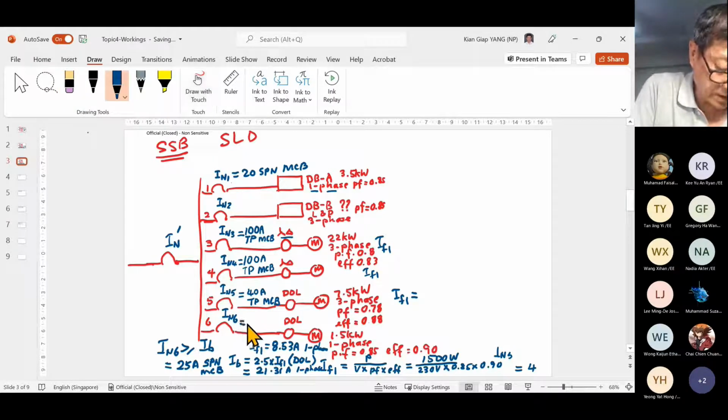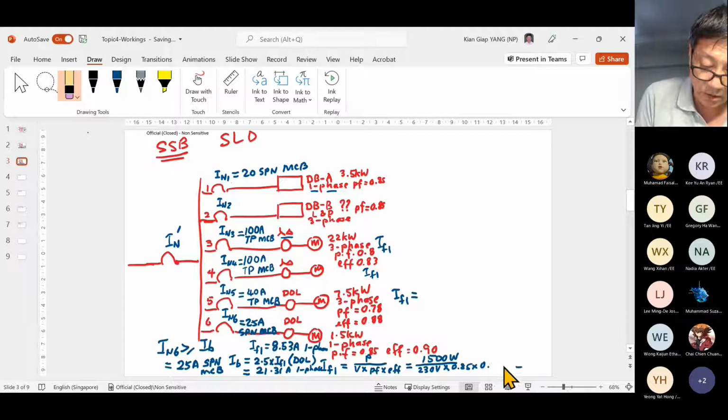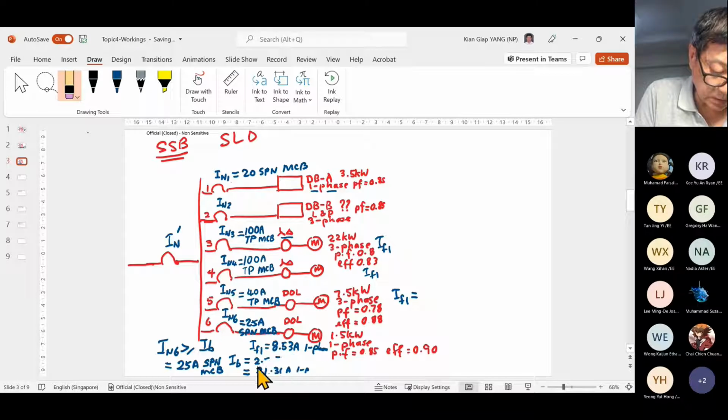This one is 25 ampere SPN MCB, okay? So I can clean up all my calculations so that I can focus on the last part. Later on, maybe I will send you all these slides so y'all can use it as a reference.